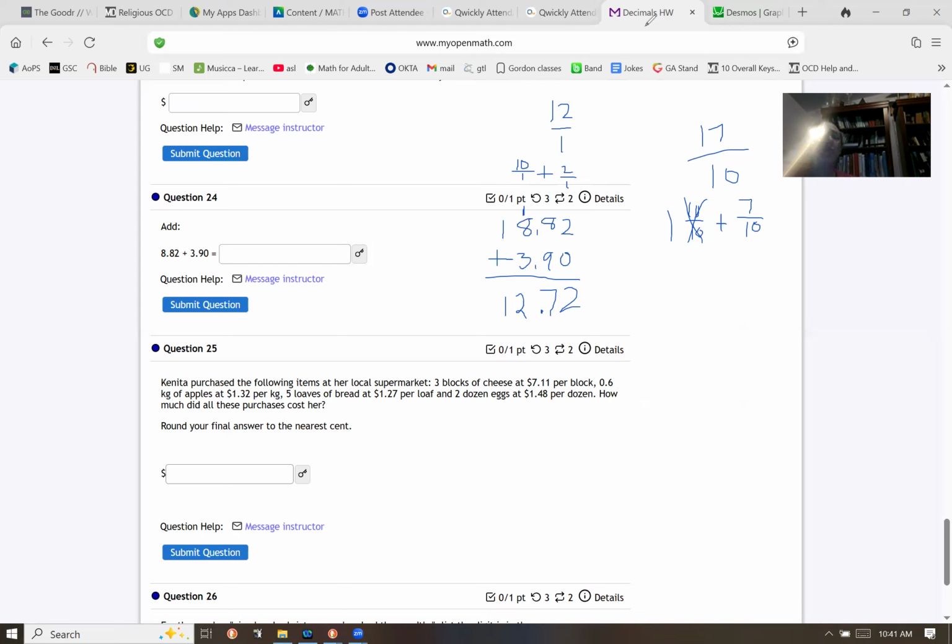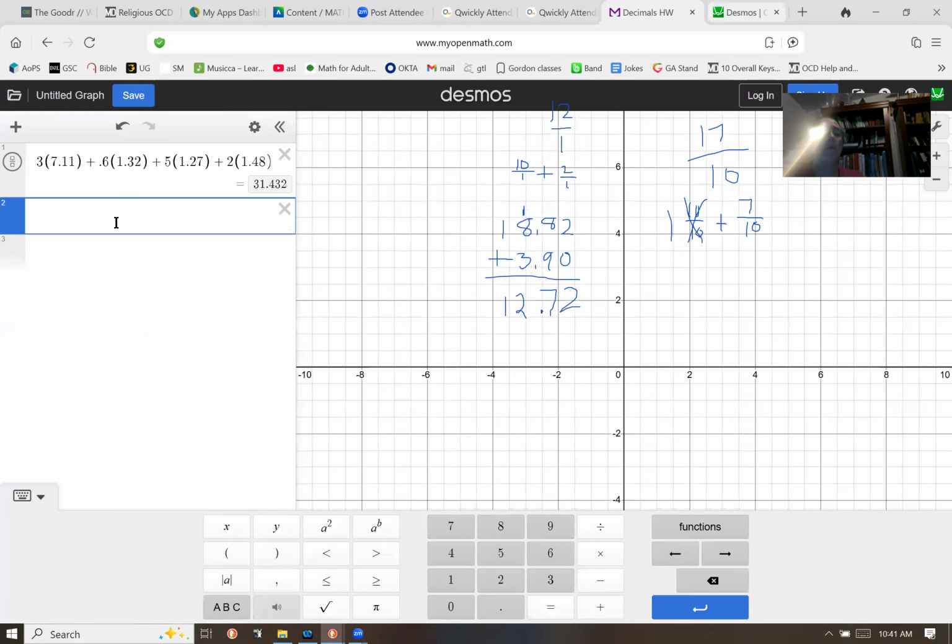Now, of course, we could have done this in Desmos, 8.82 plus 3.90. So there's our 12.72.